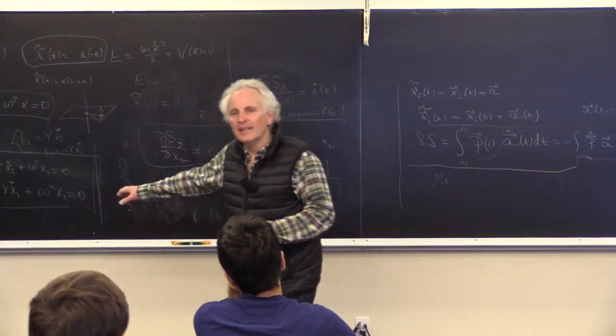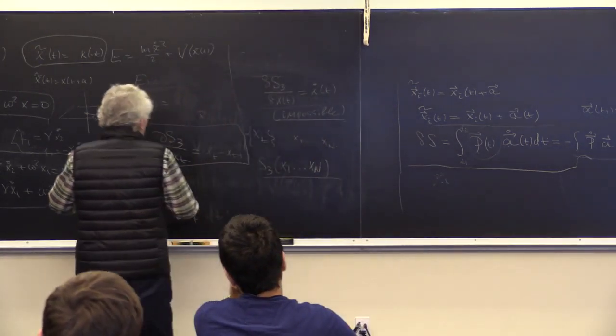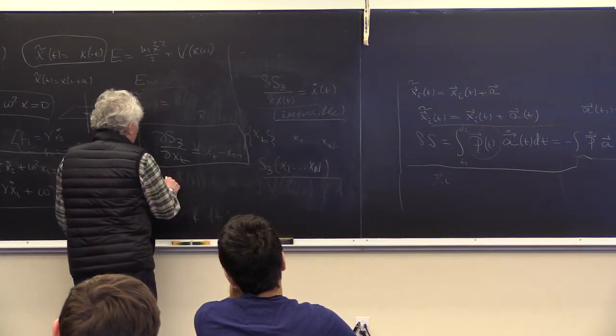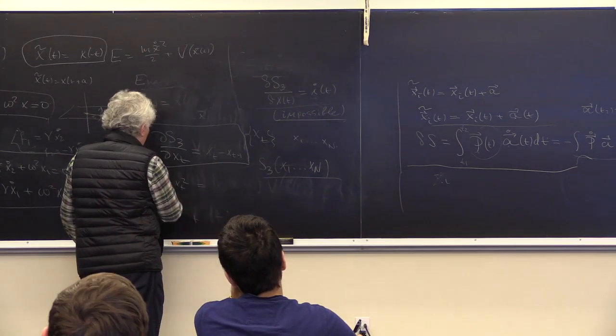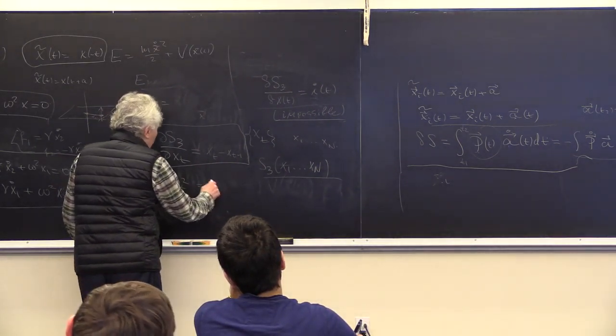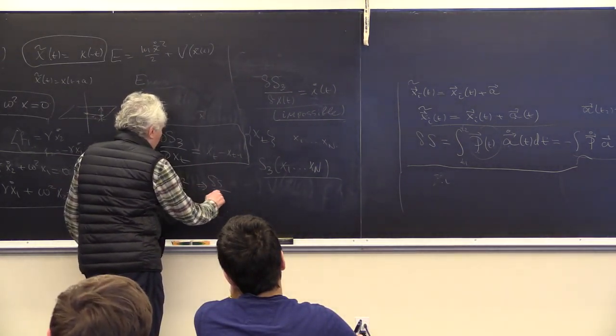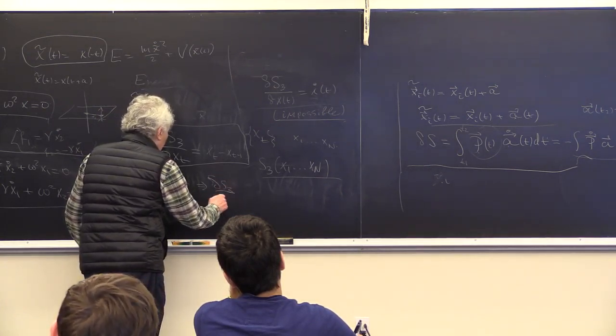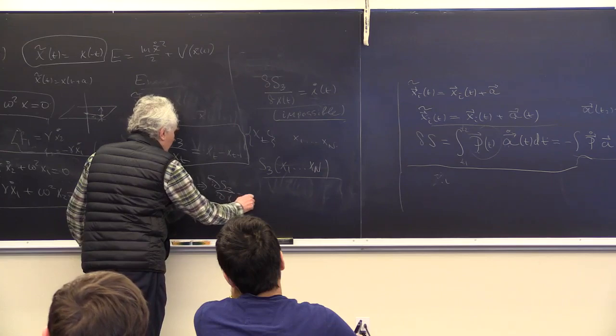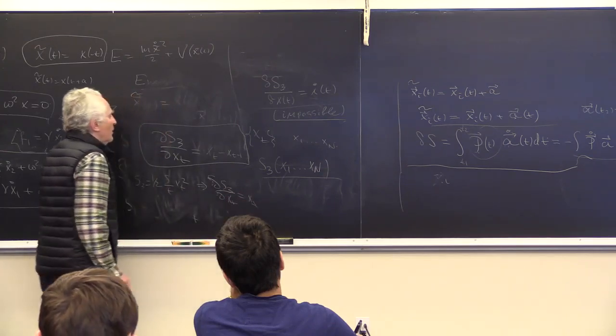Yeah, it will be one half of the sum over t of x_t squared. In this case, if we take this, the partial derivative of S with respect to x_t will be x_t.